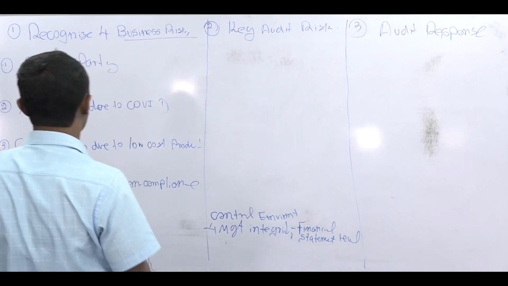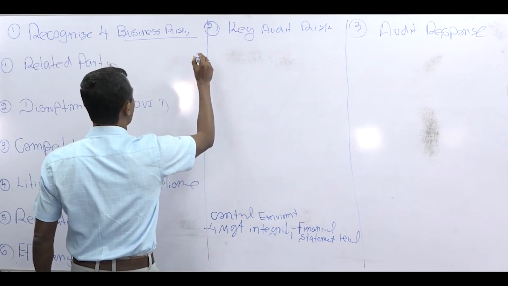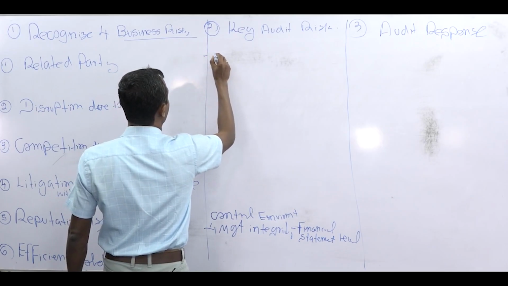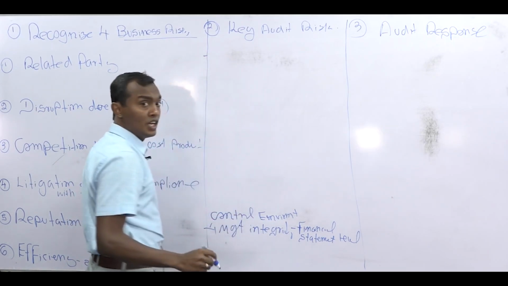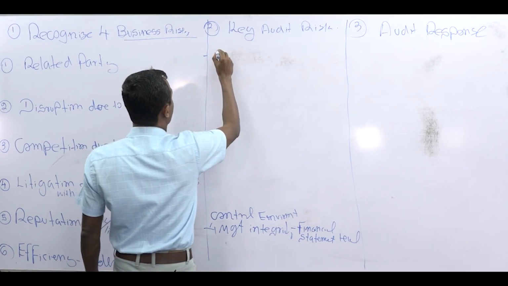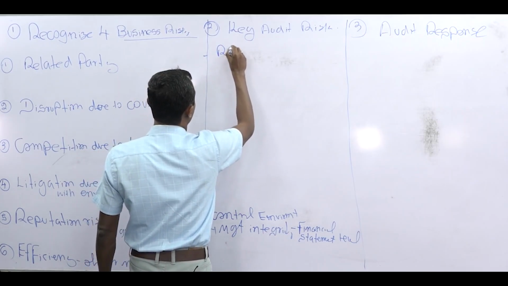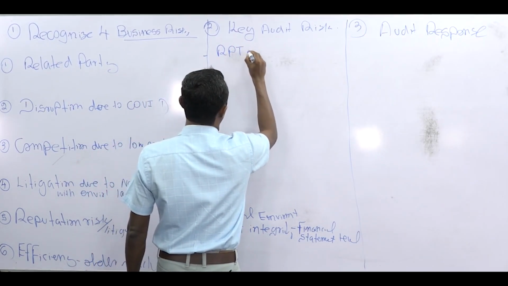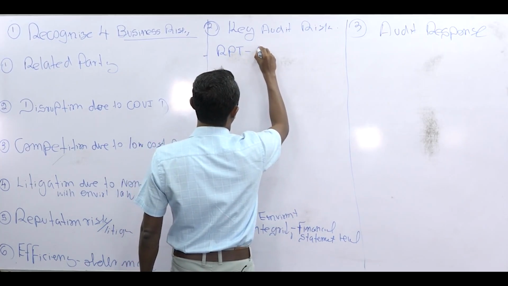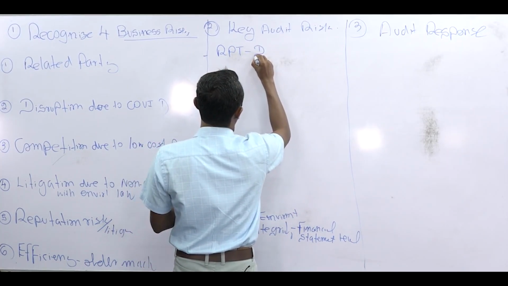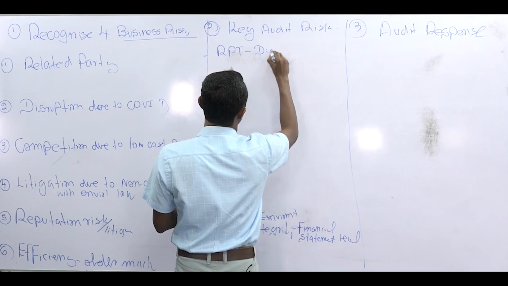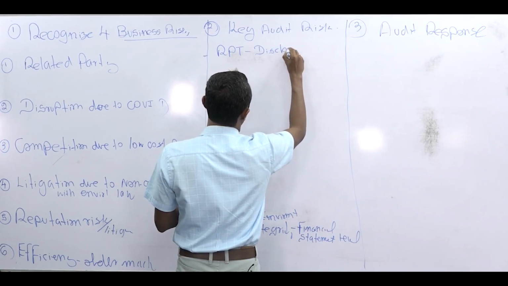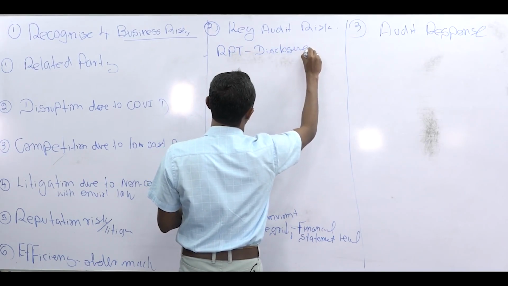Now related party, I said if you want to, same audit risk you can write the related party. But the key thing about RPT when it comes to auditing, what matters is disclosure of related party transactions according to the accounting standard.